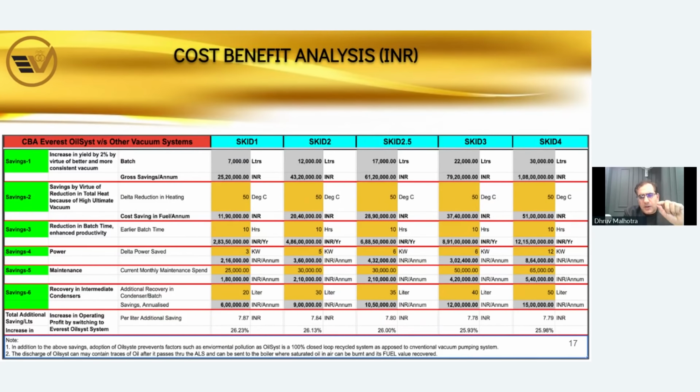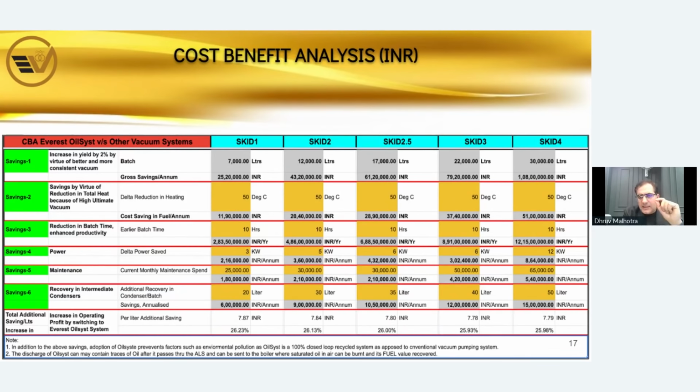Now, just for ease, I will take the example of skid 3 over here. Skid 3 is a skid which has the capability to run 22,000 liters per batch.